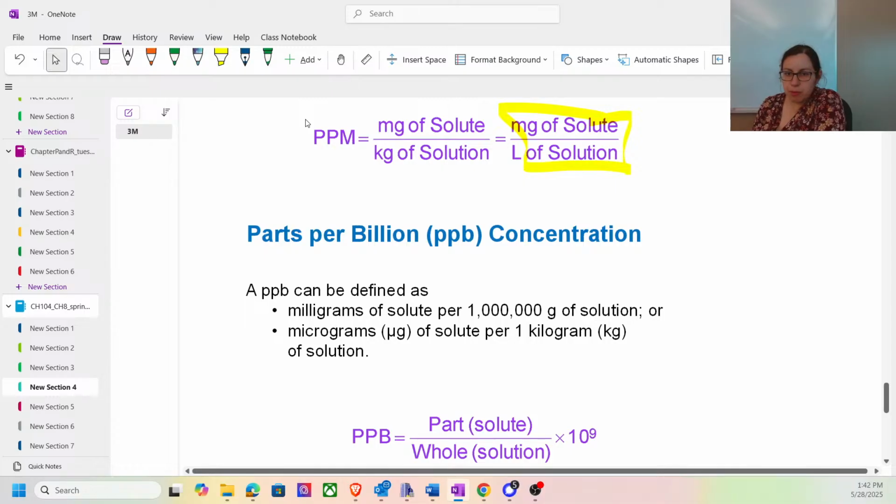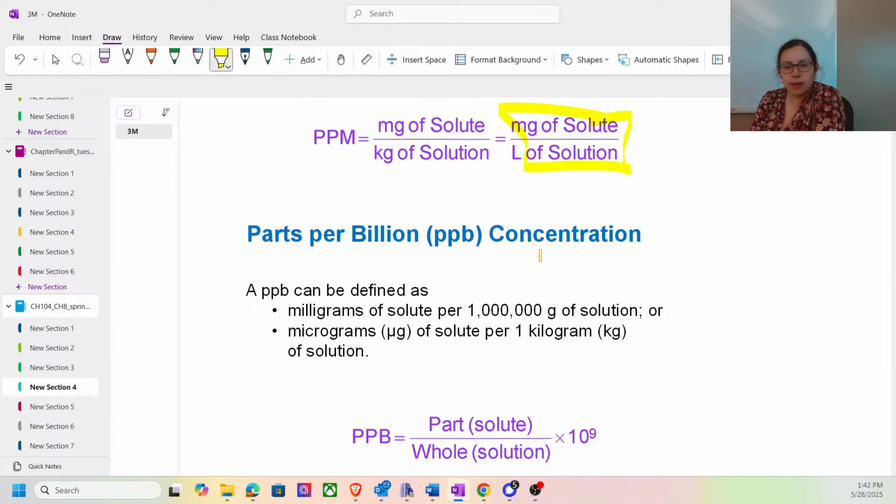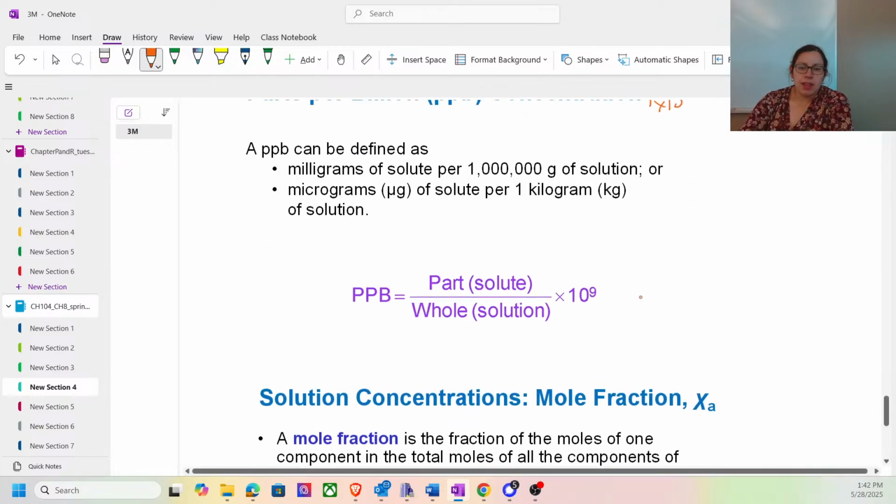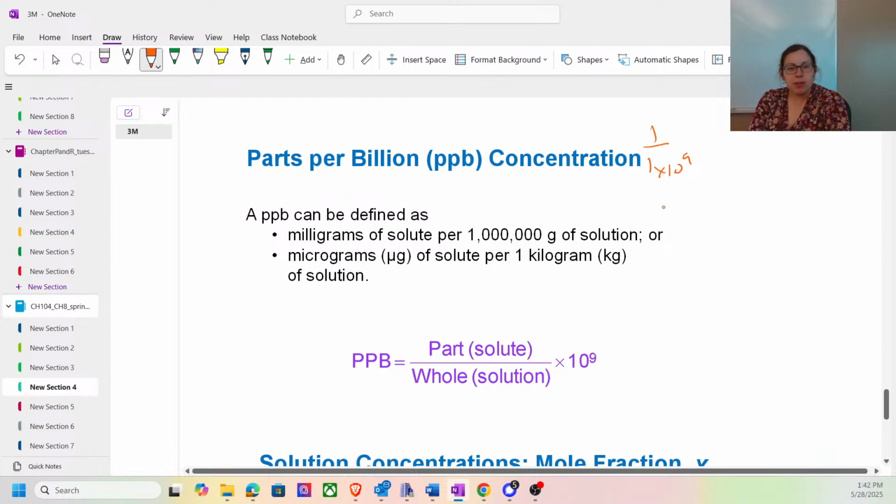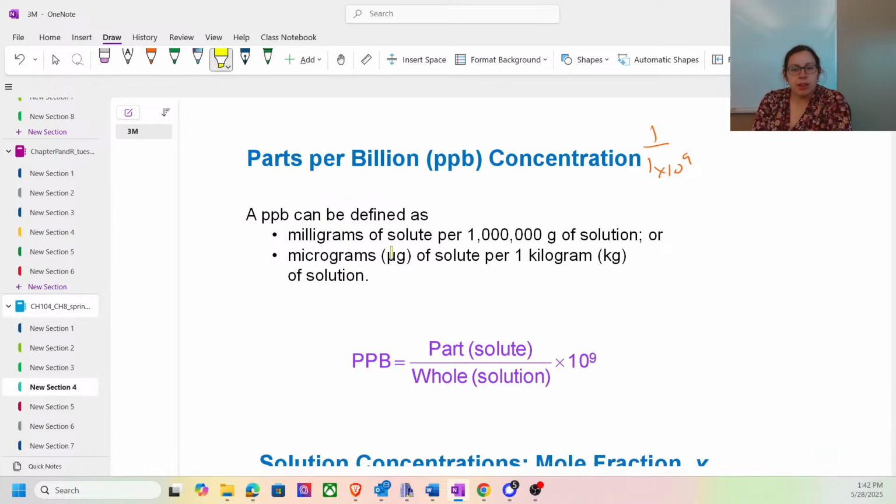And then, so parts per billion, right, pretty similar, except now it's billion. So 1 over 1 times 10 to the 9th, right, parts in a billion. And so again, I don't find that very intuitive to think about. And so it's easier, at least for me, if I convert our solute to micrograms. So micrograms is, of course, 1 times 10 to the negative 6.